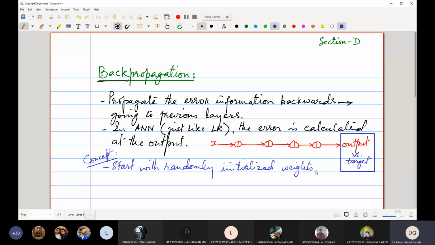जब मैं लफ्ज कह रहा हूँ randomly, तो it does not mean कि बिल्कुल ही randomly आप इसको initialize करेंगे. There are certain algorithms which allow you to find the weights between 0 and 1. 0 इसलिए नहीं करते because it will give you maximum error और मुश्किल हो जाएगा करना.